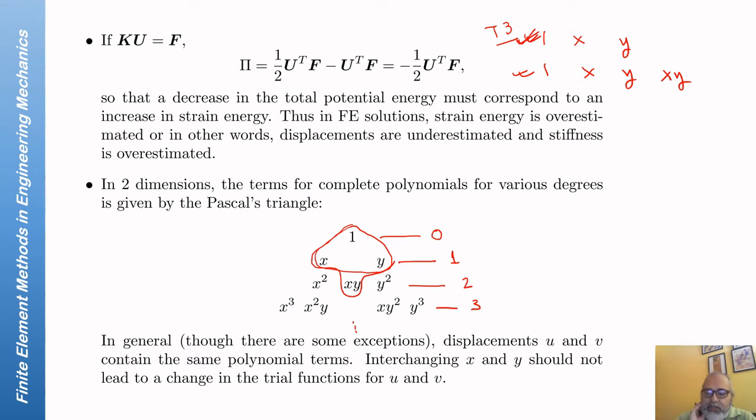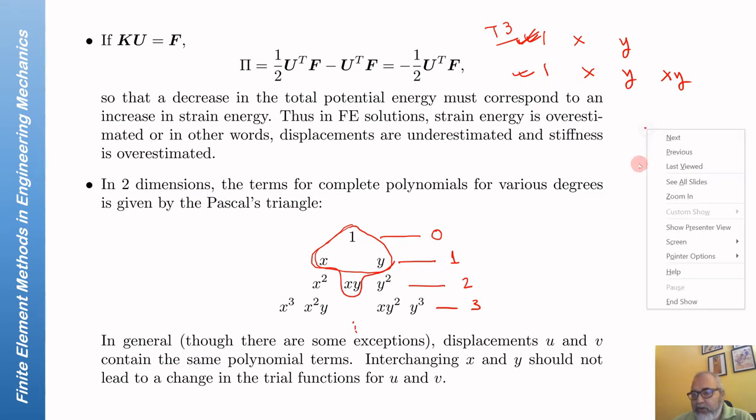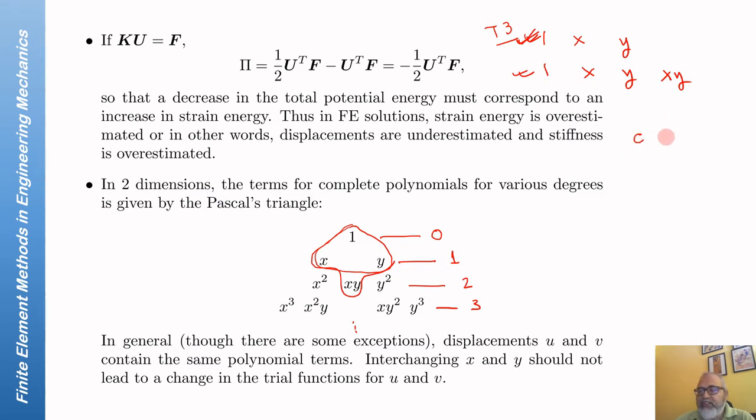For the sake of understanding convergence, we need to understand the meaning of a quantity which we will call C, which is the highest complete polynomial hidden in your trial function. So both in this case and in this case, the value of C is equal to 1, because the highest complete polynomial hidden here is a first order polynomial. None of these have a complete second order polynomial in them.